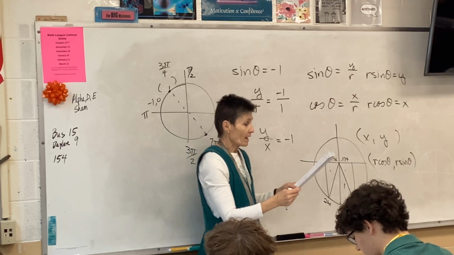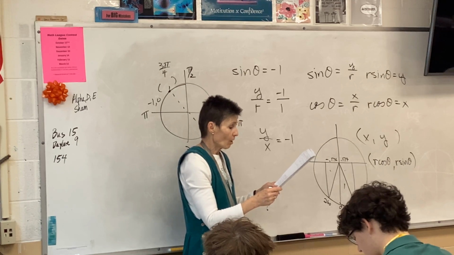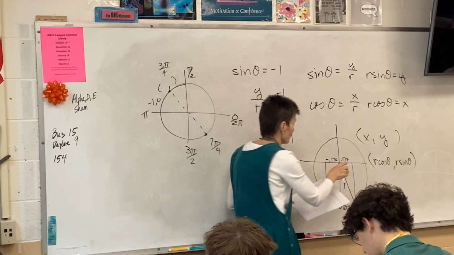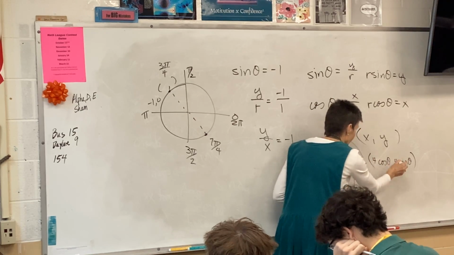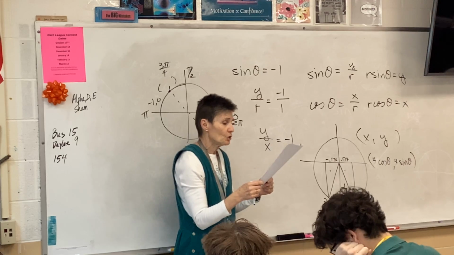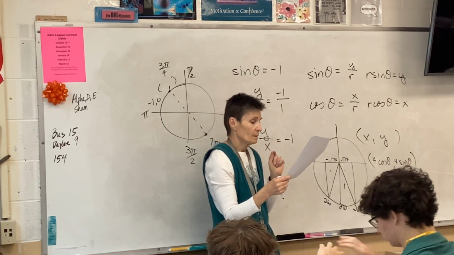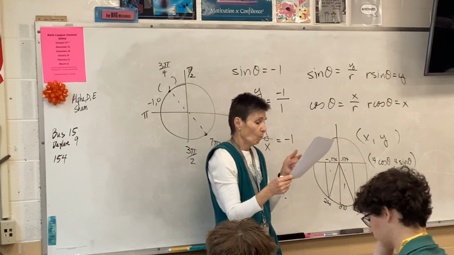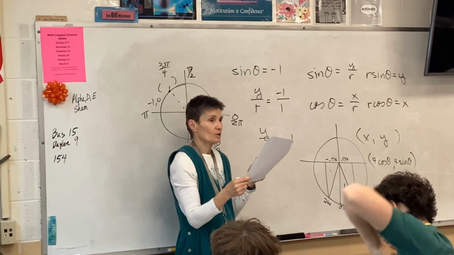So when we go down to example 1, our radius is 4, and we're looking at point Q. What is the right angle, do you think, for point Q?